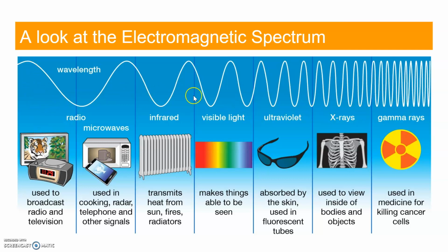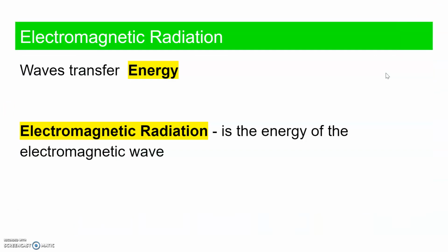And the wavelength is shorter as you go from radio to gamma rays. So, electromagnetic radiation. Well, waves transfer energy. So, electromagnetic radiation is the energy of the electromagnetic wave.